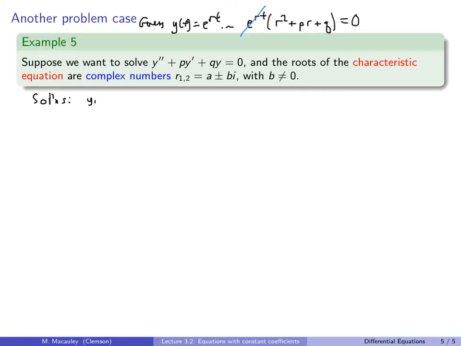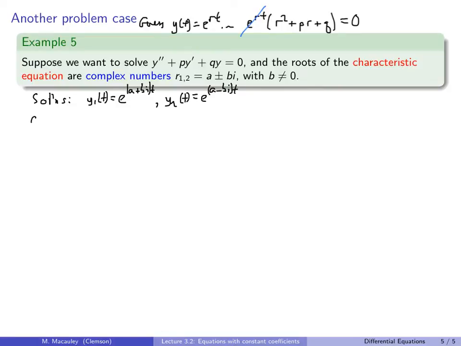We have y1 of t equals e to the (a plus bi) times t. I should put parentheses there. And we have another solution, y2 of t, that's supposed to be a 2, is e to the (a minus bi) times t.